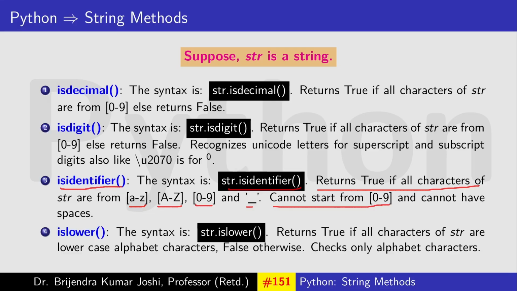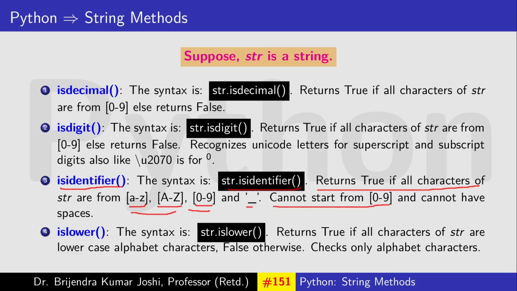So only these 26 lowercase letters, 26 uppercase letters, and 10 digits, plus underscore, so 63 characters. Any string made up of these 63 characters, in which the first character is restricted to be from the 53: any lowercase alphabet, uppercase alphabet, or underscore.